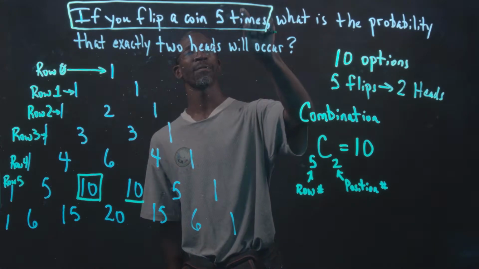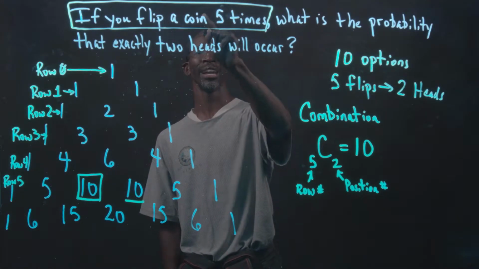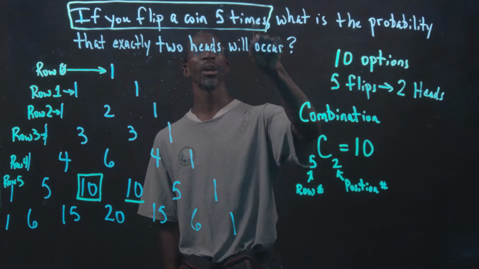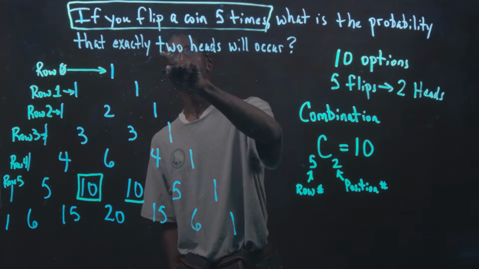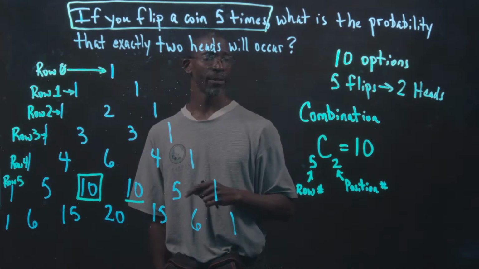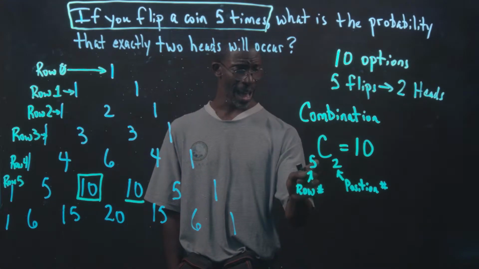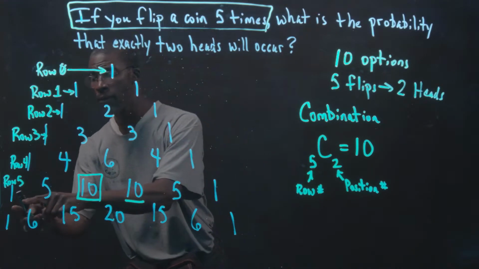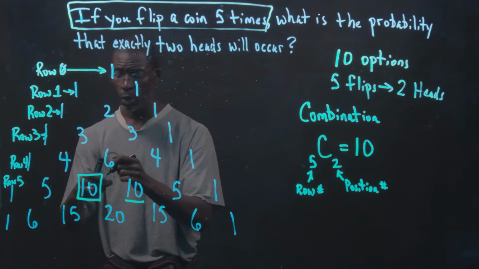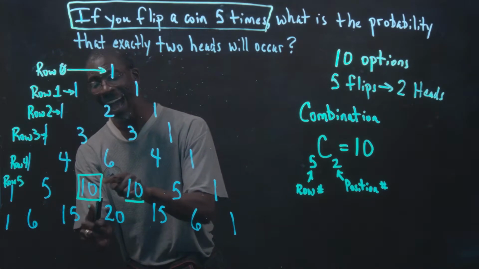We're flipping something 5 times. That tells us what our arrangement is, how many items there are in our arrangement, what our sequencing is. And then we're only looking at 2 of them. 2 of the identifiers within that arrangement.